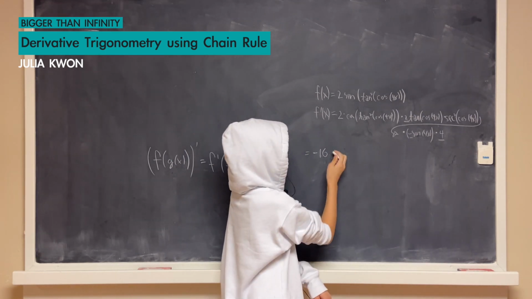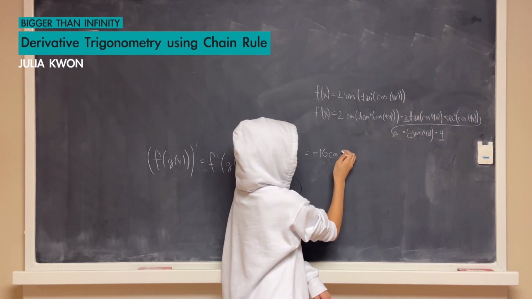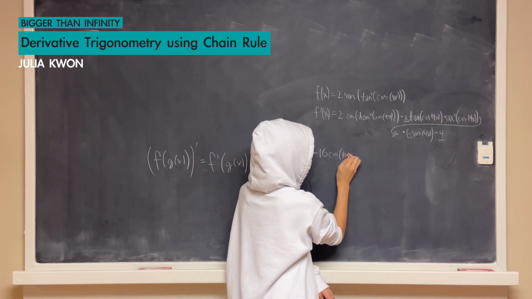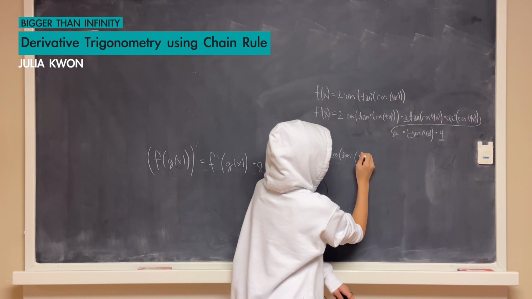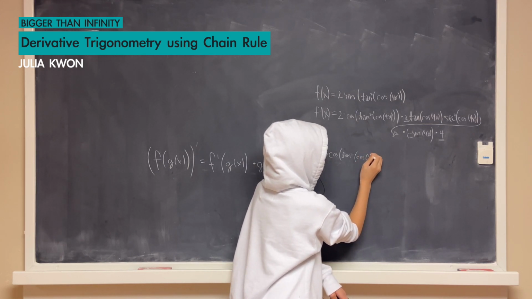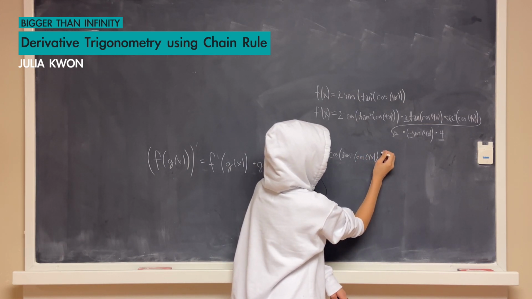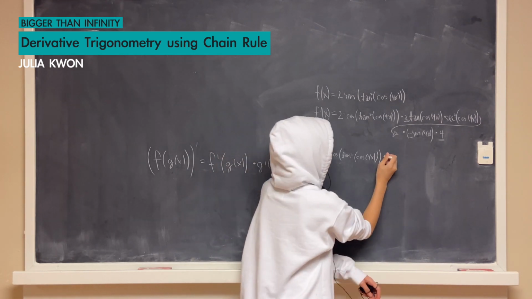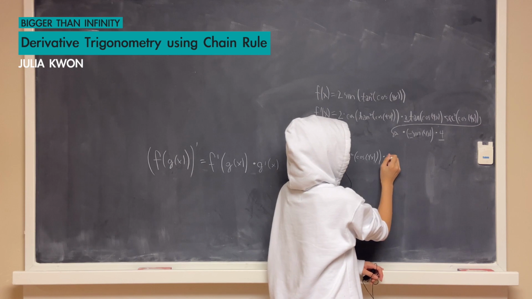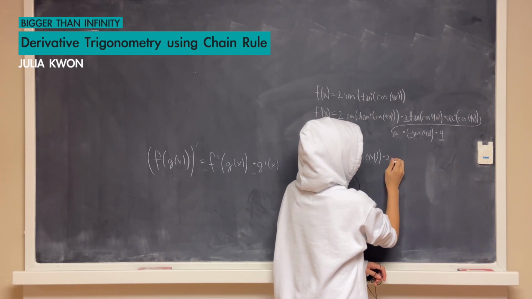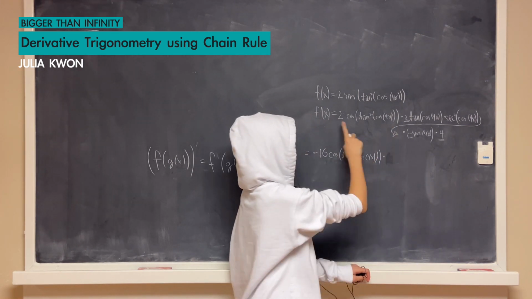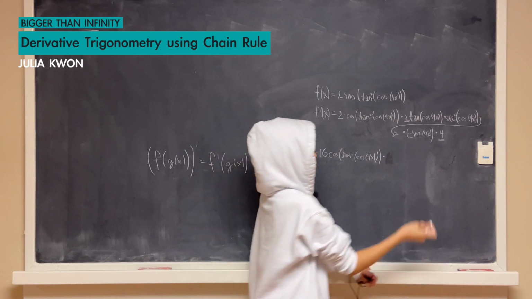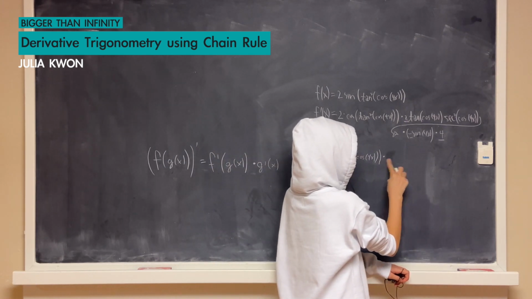So negative 16 times cosine of tangent squared of cosine of 4x. Then multiply this by 2 times, but we already multiplied the 2 in the front, so there's no need to write the 2 here.